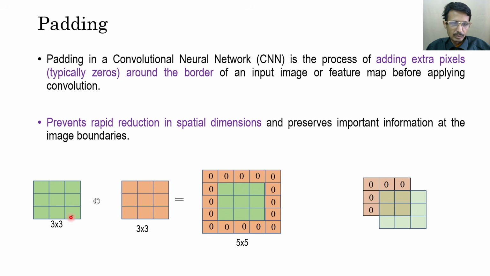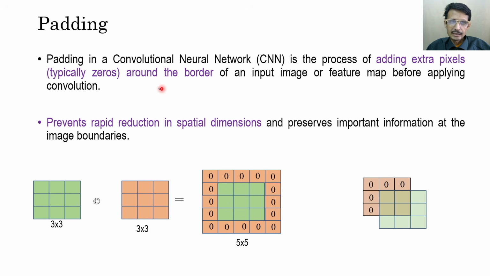Let there be one image patch and a convolution kernel. The convolution kernel is first put with its center part at this position. Now, in these positions there is no image pixel, so we put 0 here. It's called zero padding.